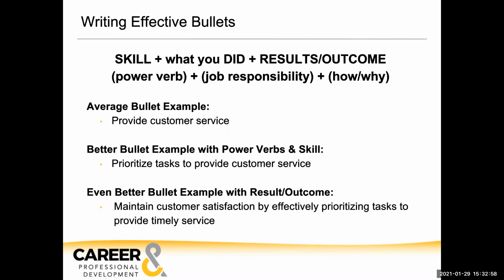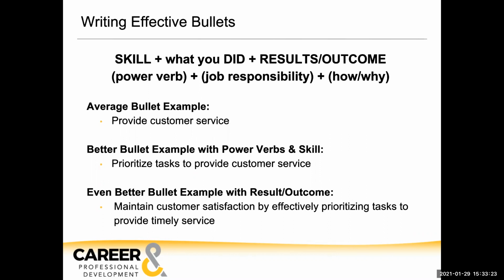So again, it's better, but what we would really like to see on all of your documents are best bullets or even better bullet with a result and an outcome. So maintain customer satisfaction by effectively prioritizing tasks to provide timely service. That tells me a whole lot.